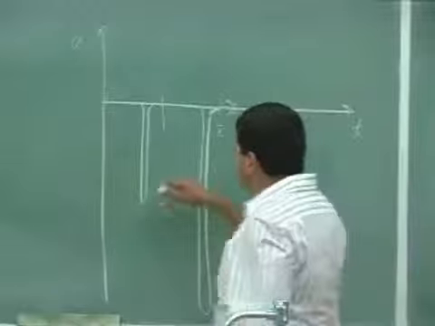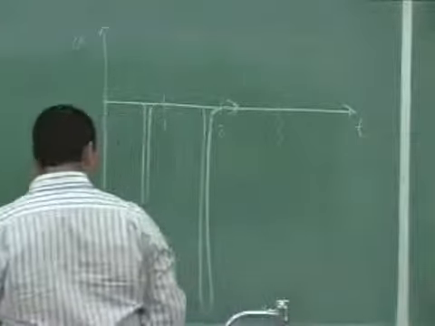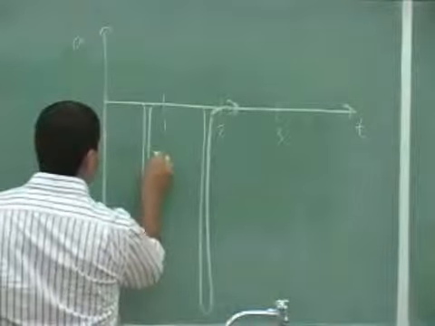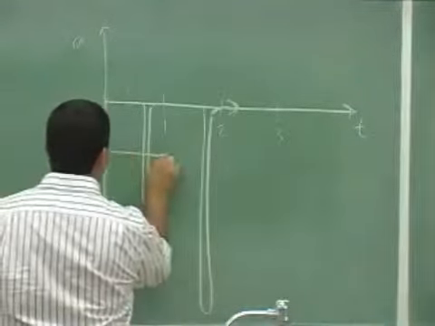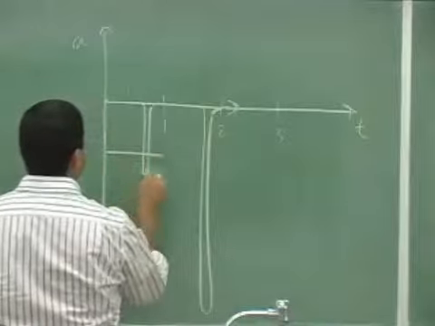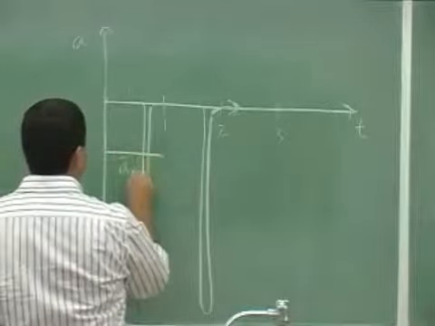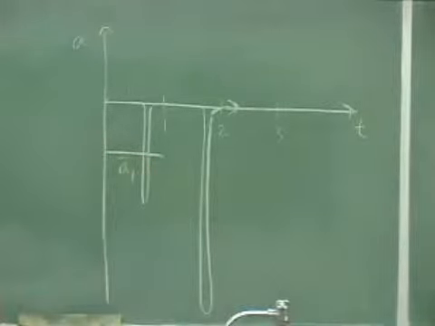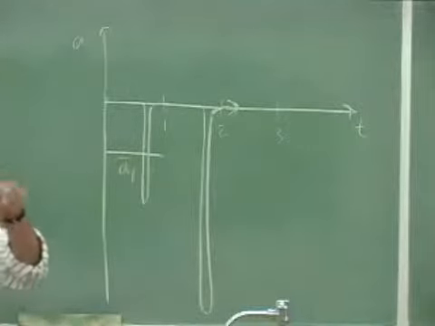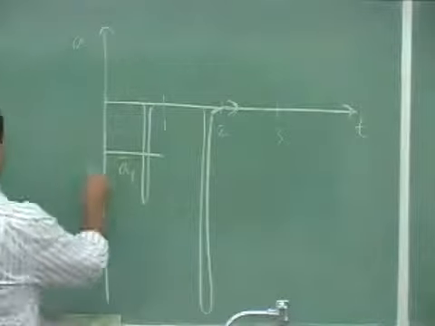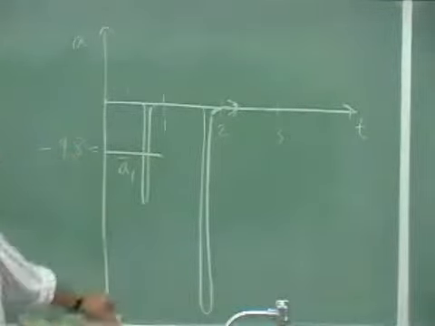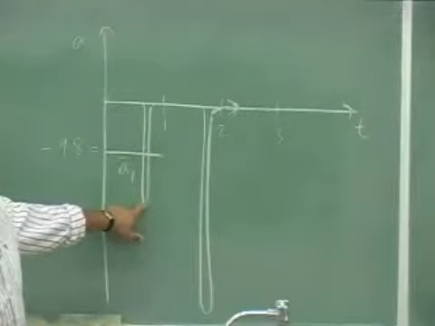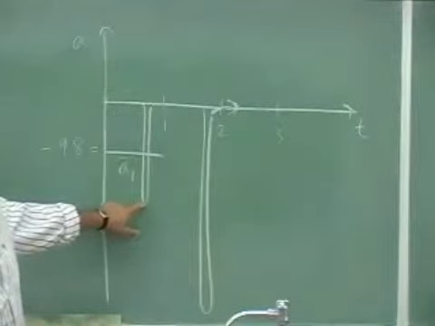Okay? Its average value here, so the average value of this peak is what? A average 1. The average value of that peak is negative 98. But this, the most maximum, you don't know this value.